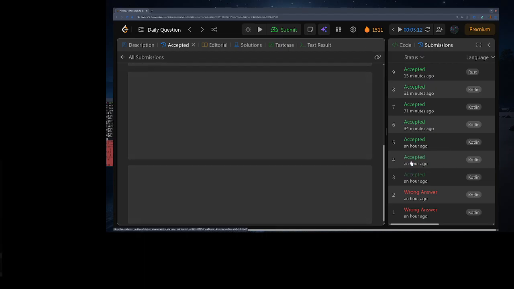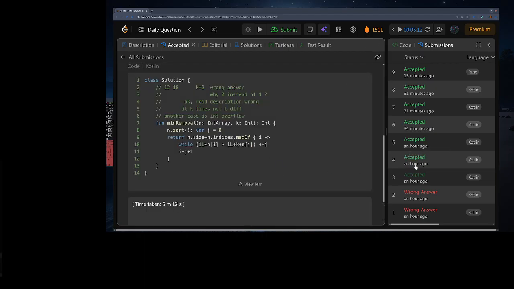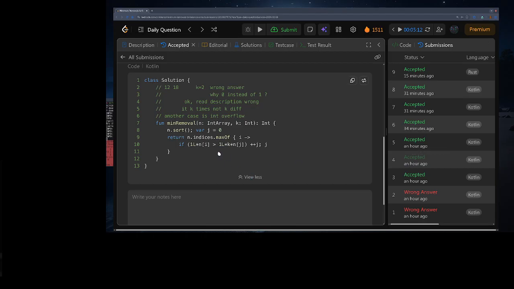the maximum window and shrinking it, we use this technique called a lazy window.